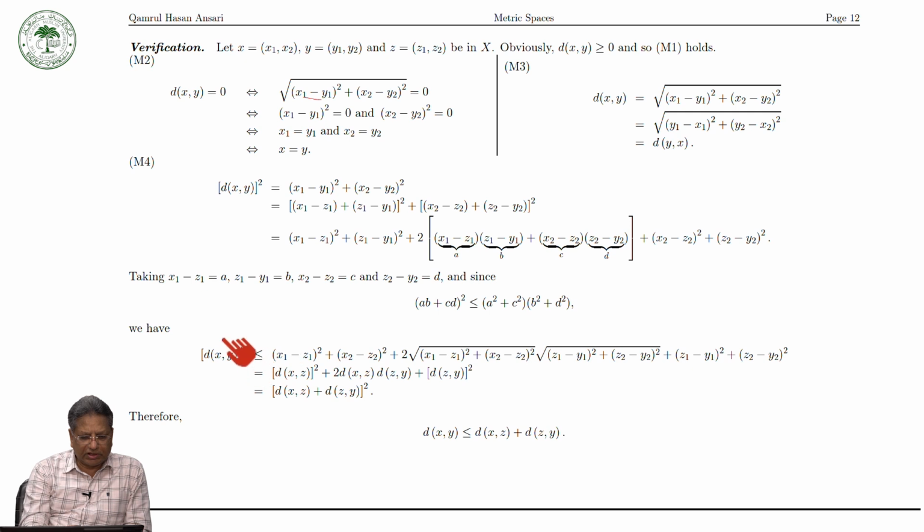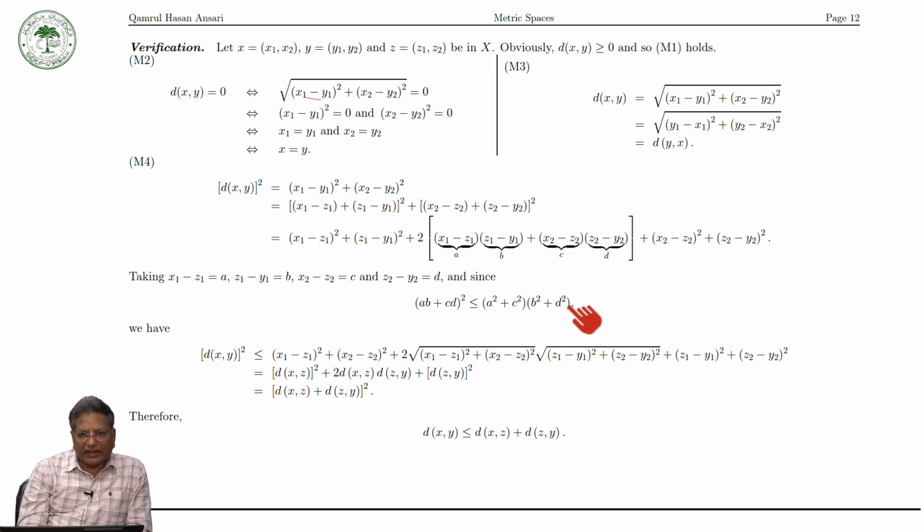So dxy whole square is less than or equal to this: this term is the same as here, this term is the same as here, but for AB plus CD we take the square root of (A square plus C square) into (B square plus D square), and the rest of the terms are the same as before.